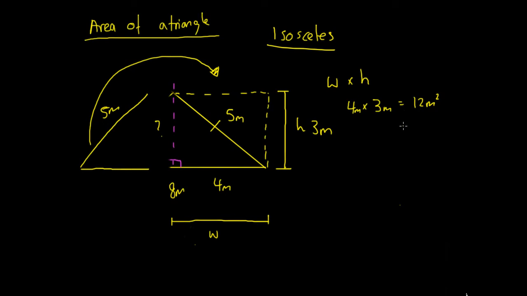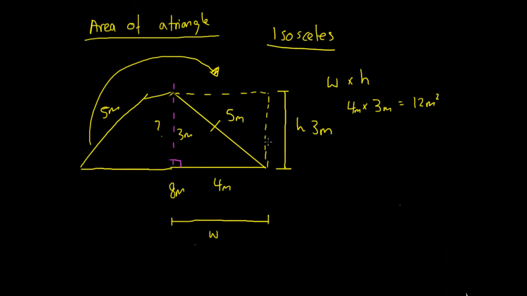We can also go back to our regular triangle and do it from scratch. From our first triangle, the bottom is 8 meters and the height remains the same, 3 meters, because we didn't change that.